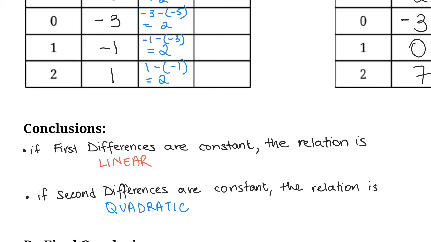If your second differences are constant or the same, then we can conclude that the relation is quadratic. Now, what if you calculated second differences and again, you got totally different random numbers? Well, then that proves that the relation is not linear. It's not quadratic. You could conclude then that it is neither linear nor quadratic.